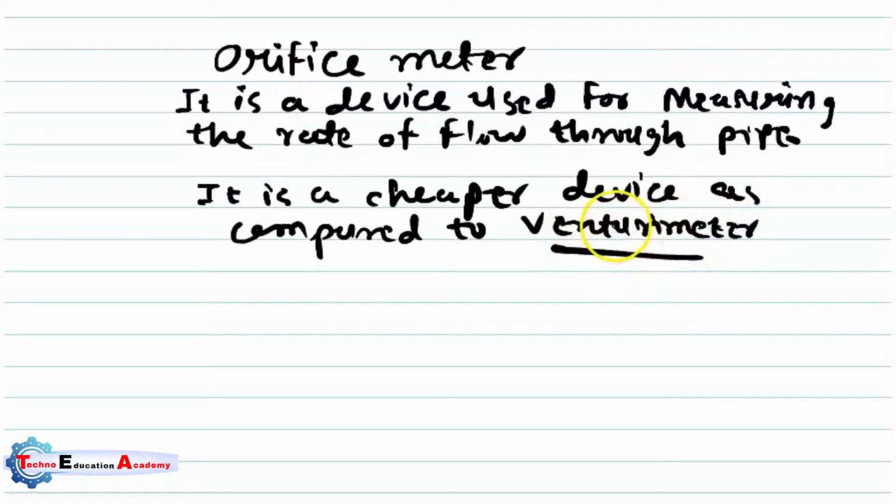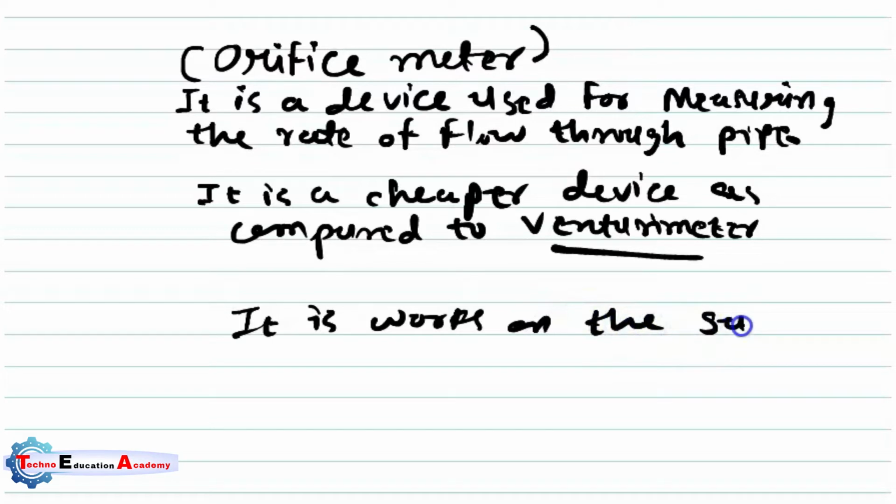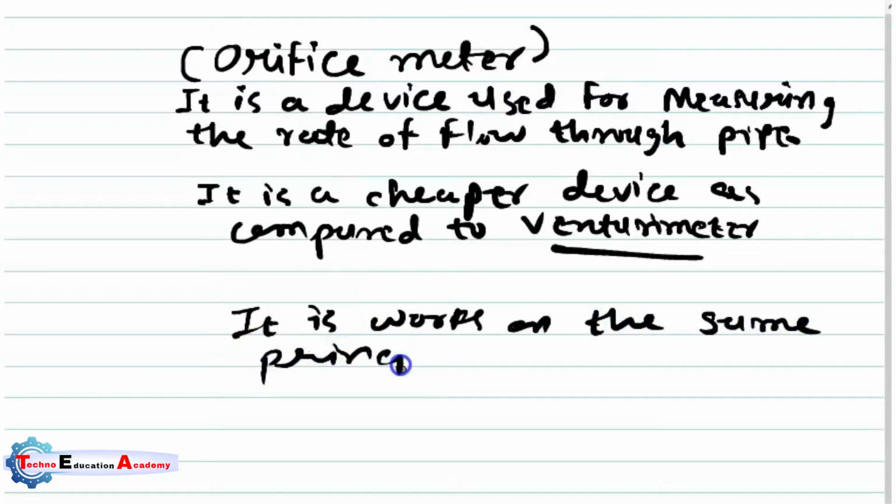So it is easy to derive the expression for the rate of flow, the discharge, through orifice meter, because it works on the same principle.